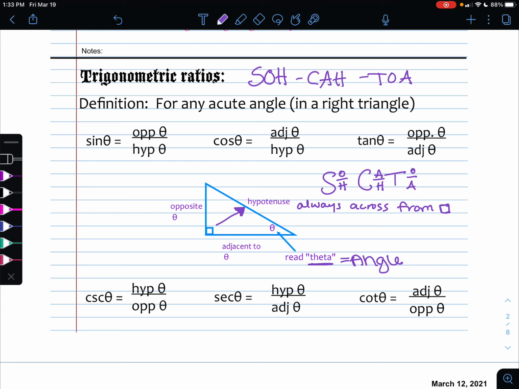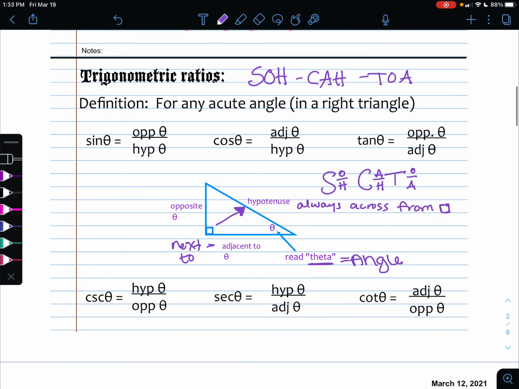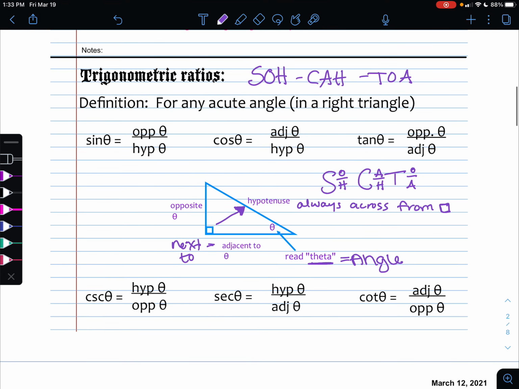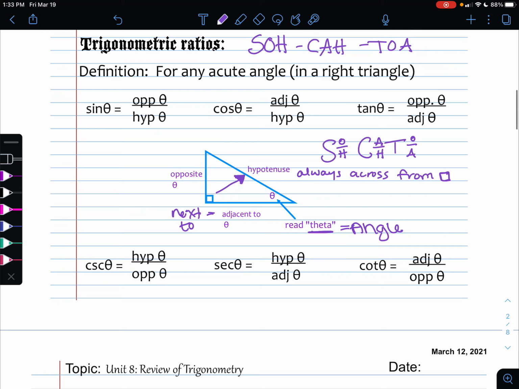This is my right angle. But adjacent, right? Adjacent means next to. Okay, and so when I'm touching this theta, my finger touches the hypotenuse, but it also touches that other side, and I am next to it, right? So that's how I remember adjacent. And then opposite is the one farthest away, and that should make sense, right?